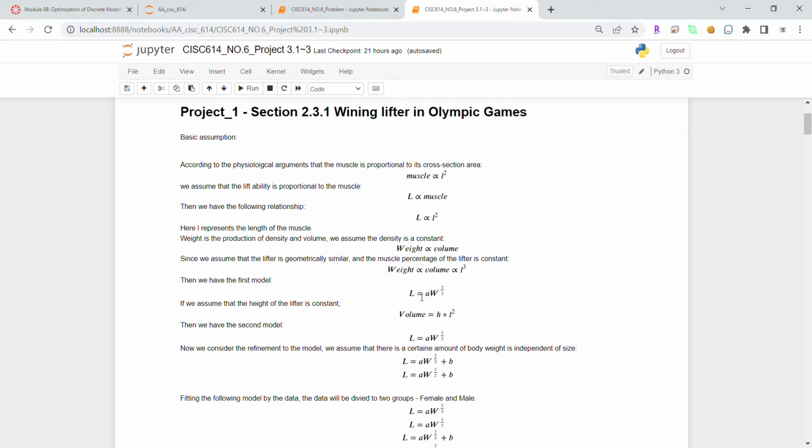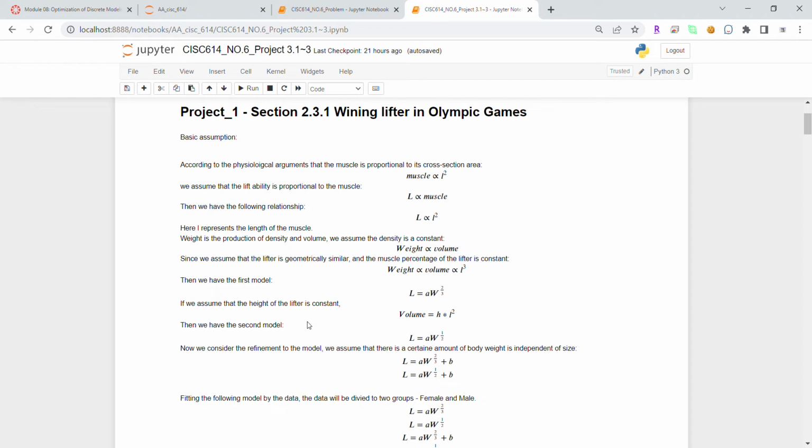lift ability is equal to A times weight to the 2/3 power. So if we assume that the height of the lifter is constant, then we have the volume is proportional to the cross-section area.